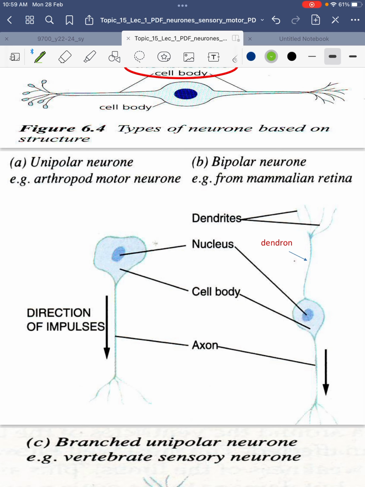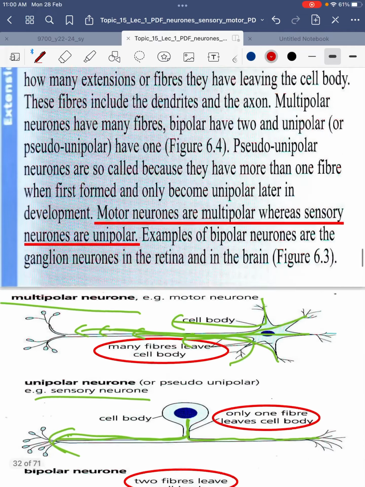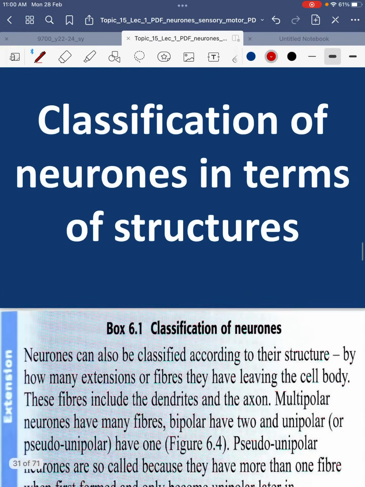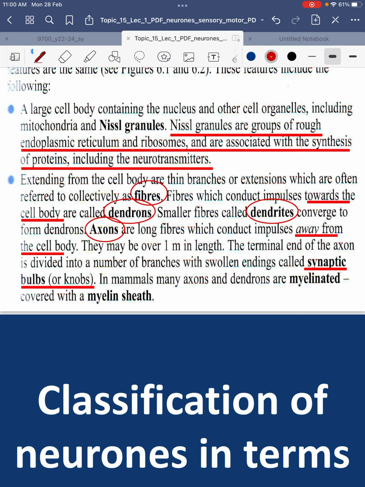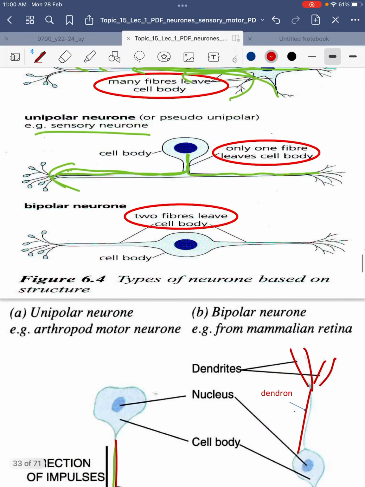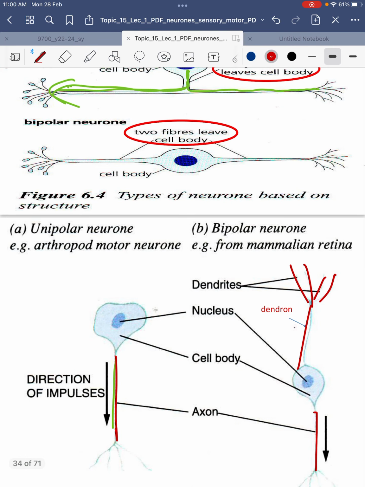These are called fibers. All of these are called fibers, that's the name in general. Fibers extending from the cell body are thin branches or extensions, which are often referred to collectively as fibers. But they have specific names.